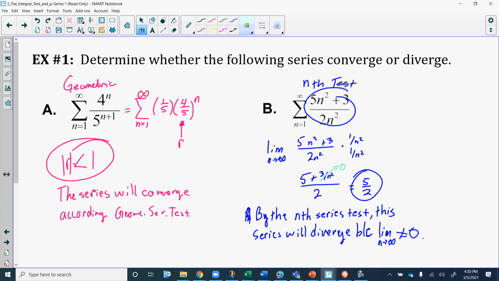So there's our justification. Here's the calculus work that justifies it, and here's our explanation that supports our answer.